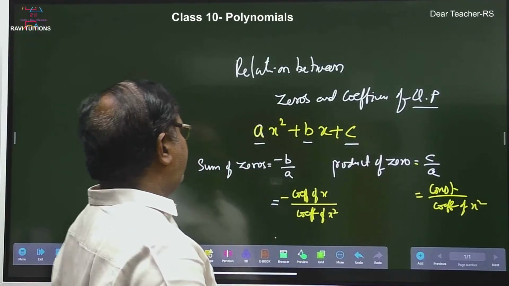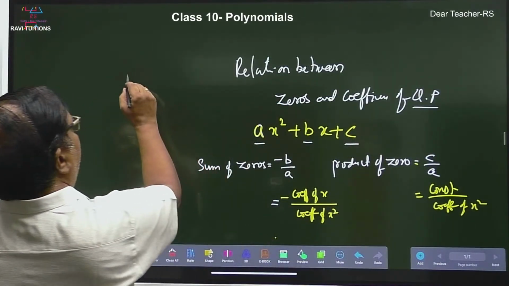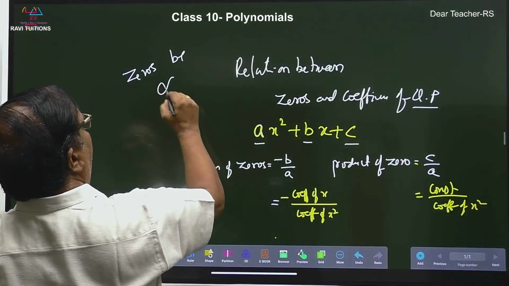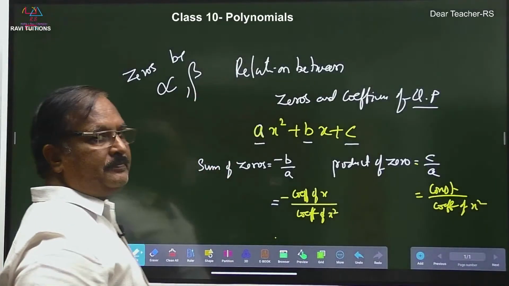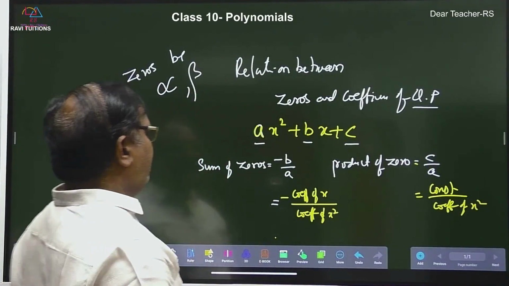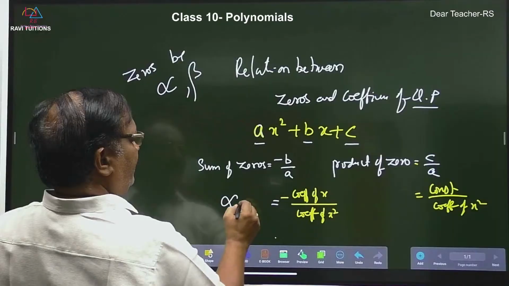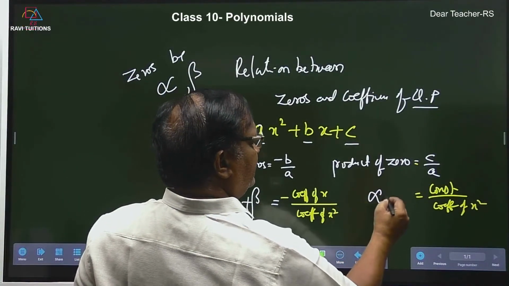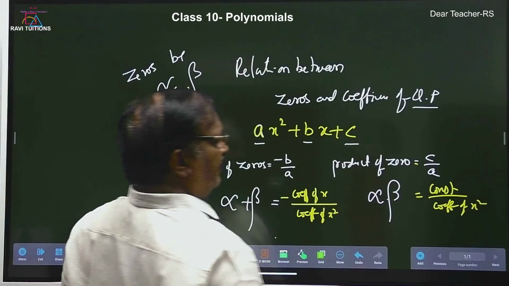Okay. So sometimes these zeros, let zeros be alpha and beta, Greek letters. So in the place of sum of zeros, we will write alpha plus beta. In the place of product of zeros, alpha into beta.